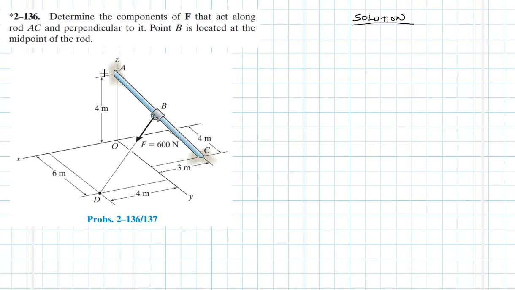So this is what we want to find. We want to find a component of the force that acts along AC like so. We want to find this force.